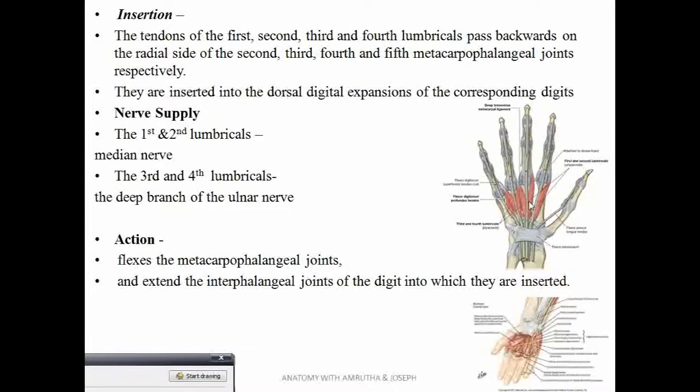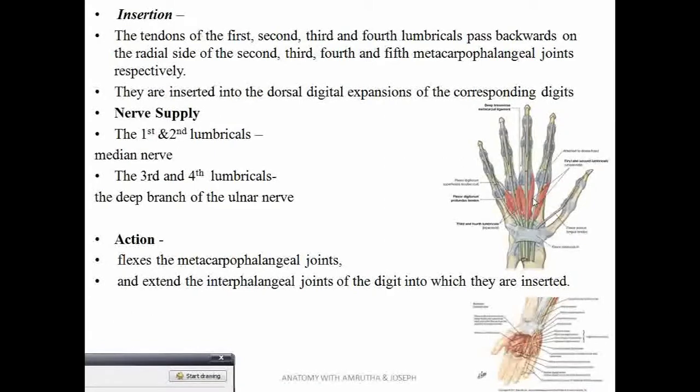So specifically speaking, the lateral half is supplied by the anterior interosseous nerve of median nerve, flexor digitorum profundus, right? And the medial half is supplied by the ulnar nerve.